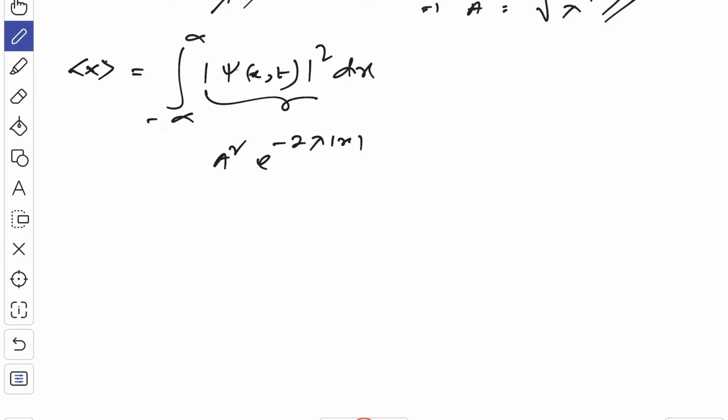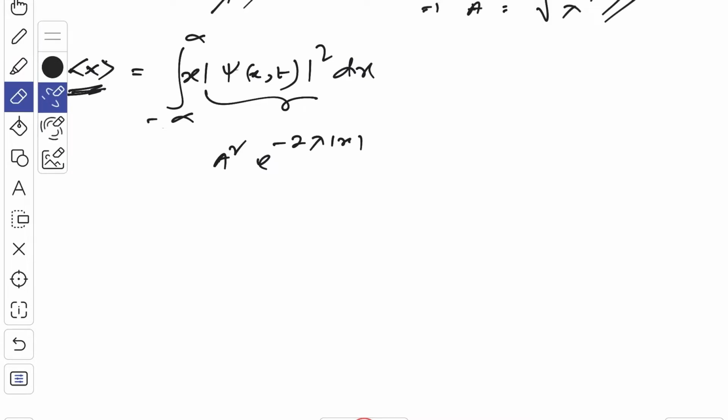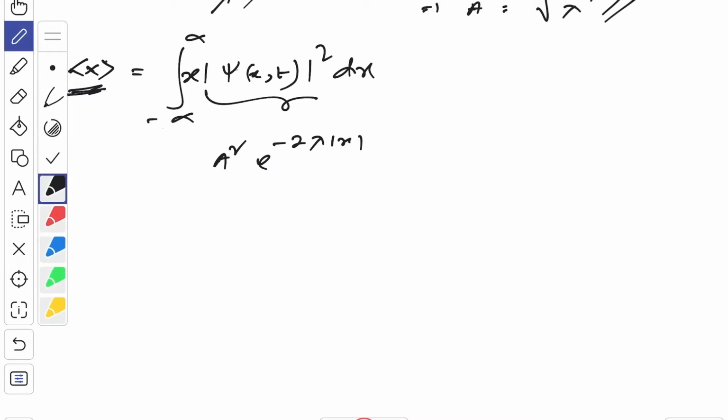Here you see one more thing, when you find the expectation value, then there should be x. So here if you take x here, then what will happen? It will be an odd function.